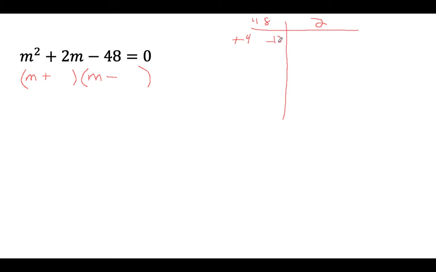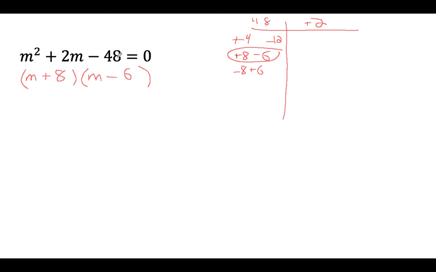There's no way we could add or subtract 4 and 12 to equal 2 though. Okay, 48 divided by 8. 8 goes into 48 6 times. So if you think about it, you could have a positive 8 and a negative 6. Please note you can't have a negative 8 and a positive 6 because negative 8 plus 6 would be negative 2. We need a positive 2. So it's going to be a positive 8 and a negative 6.